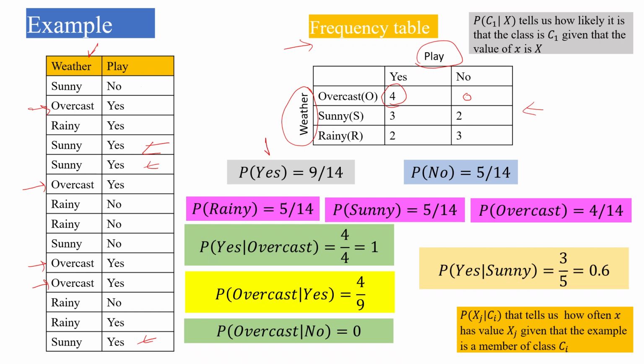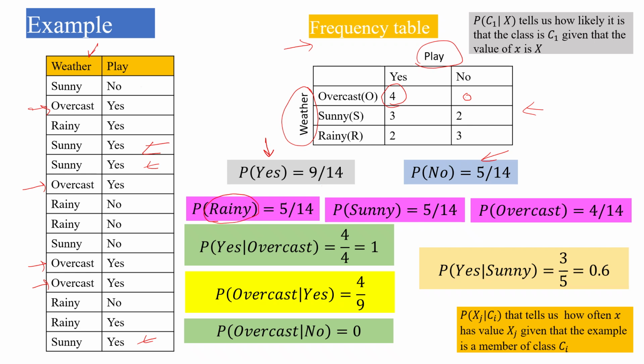Now the class prior probabilities. So how many tuples of yes? We have 14 in total, and how many tuples of yes can we count? It comes to 9 and no is 5. Now the probability of occurrence of this value rainy, as we said, weather has three values: overcast, sunny and rainy.